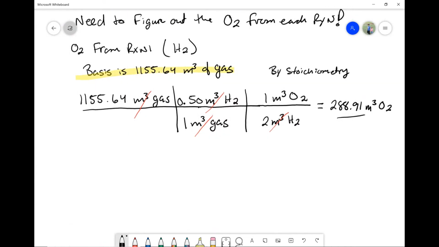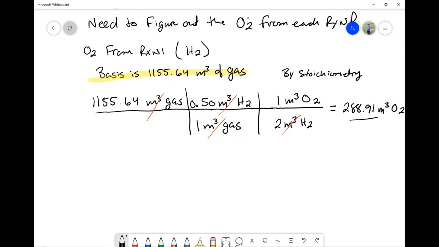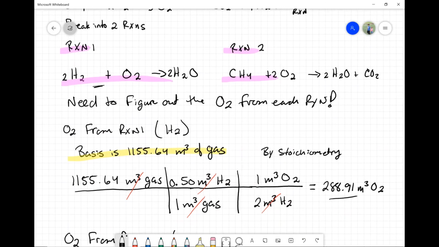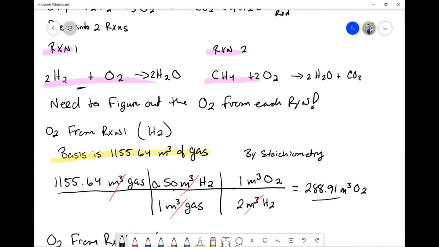So now we need O2 from reaction 2. And reaction 2 dealt with the combustion of CH4. And so we're going to deal with this reaction here.